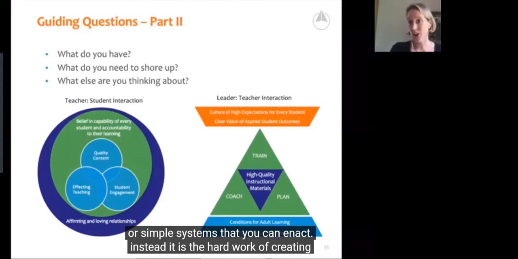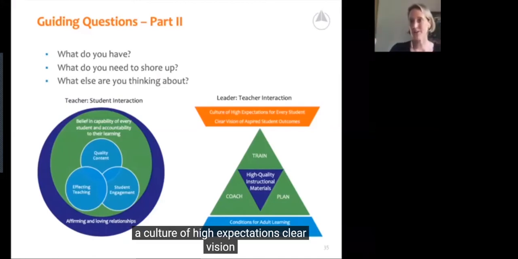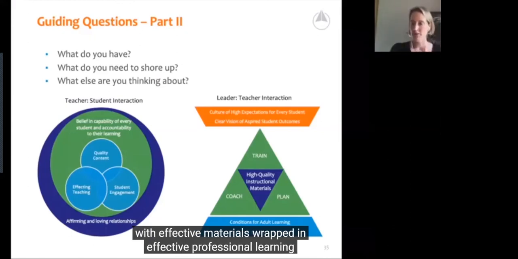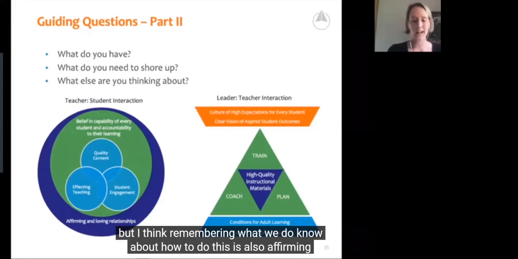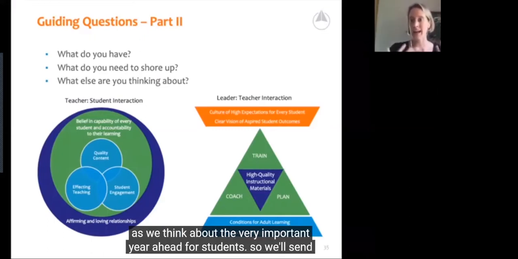Instead, it is the hard work of creating a culture of high expectations, a clear vision, with effective materials wrapped in effective professional learning, supported by a healthy adult learning culture. I wish there was an easier way, but I think remembering what we do know about how to do this is also affirming as we think about the very important year ahead for students.